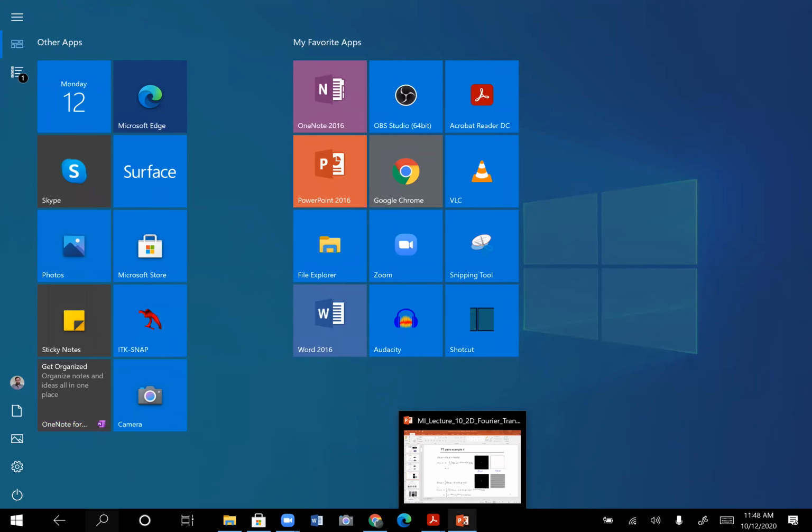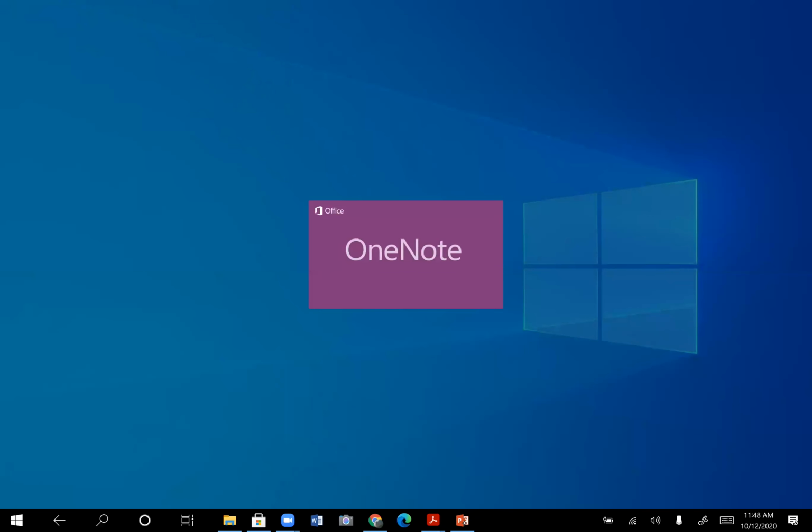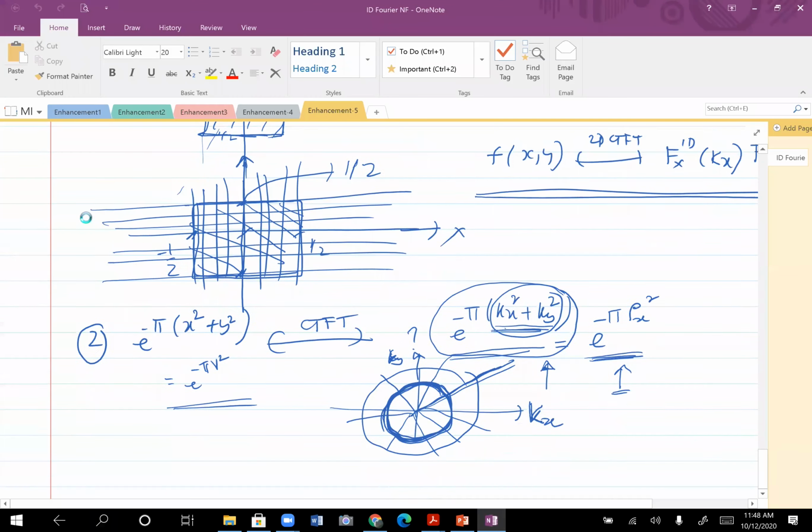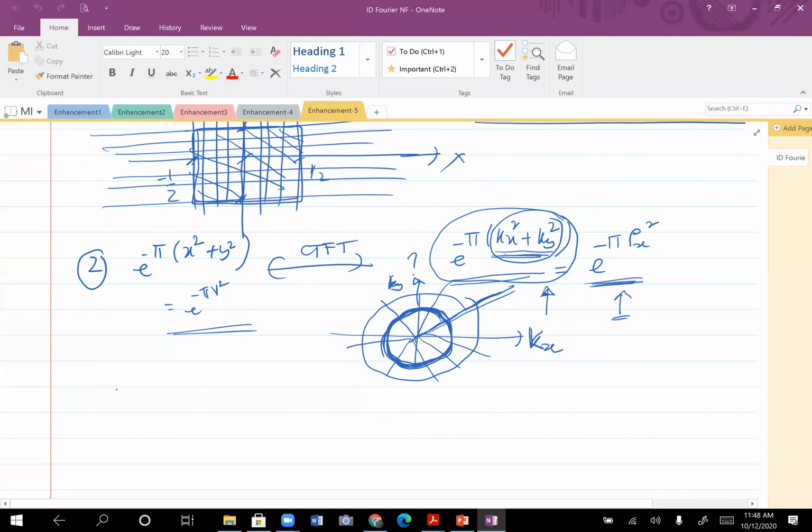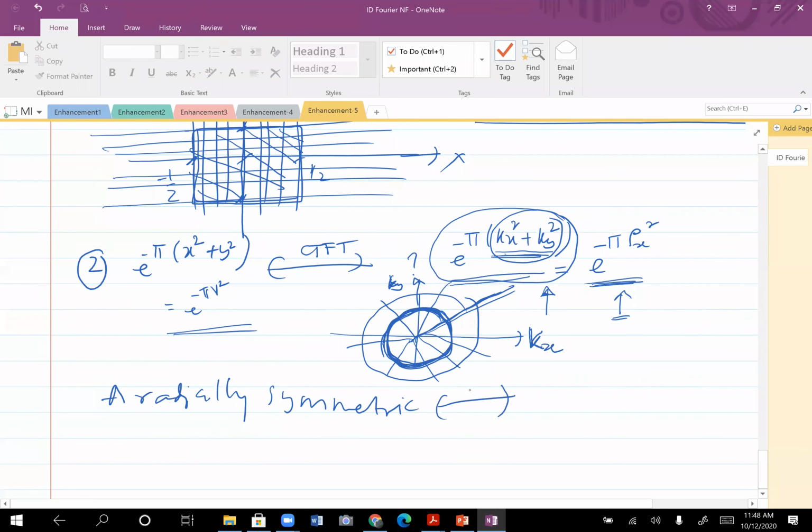You consider r and theta, and only at r you compute that value. A radially symmetric function's DTFT or CTFT would also be a radially symmetric function. Is it clear for everyone?